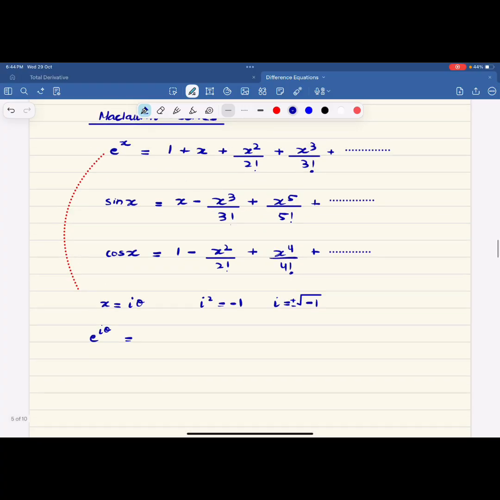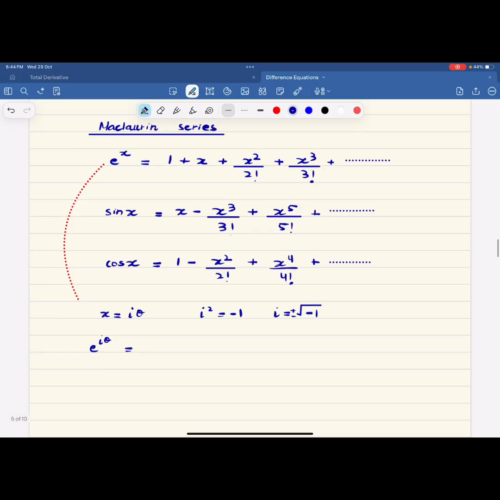This is going to be, I'm just substituting it in the equation, 1 plus i theta plus (i theta) squared over 2 factorial, plus (i theta) cubed over 3 factorial, plus, let's do one more till the 4th order, over 4 factorial, and so on. This continues.